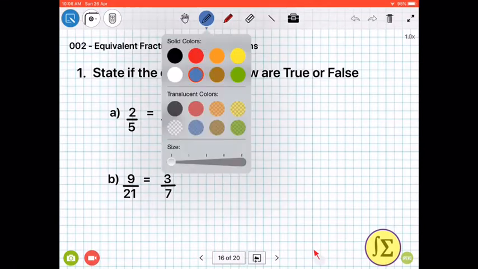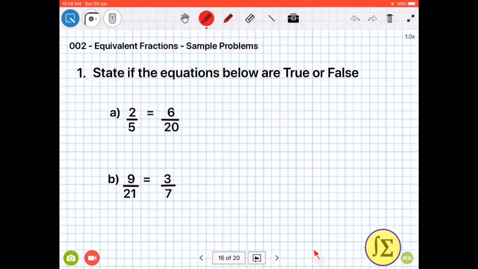So you divide the two numerators, and then you divide the two denominators, and you must end up with the same number. If you end up with the same number, then the two fractions are equal.